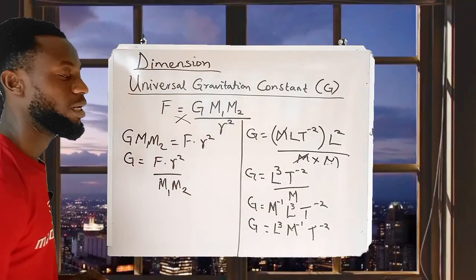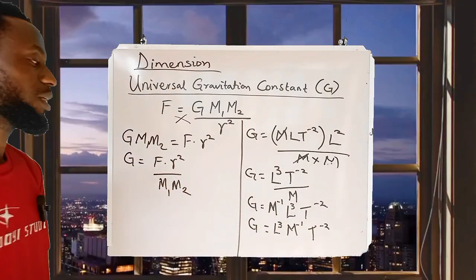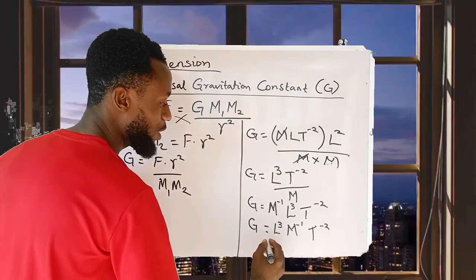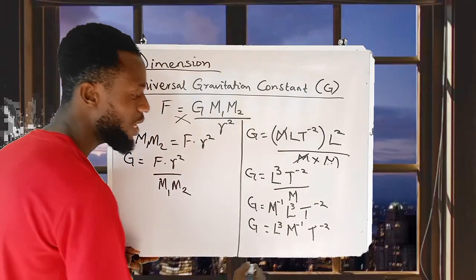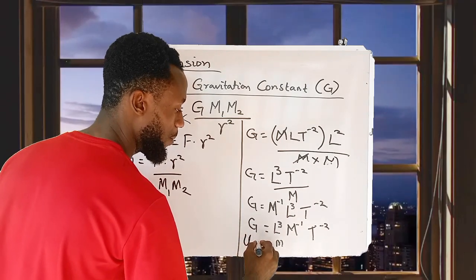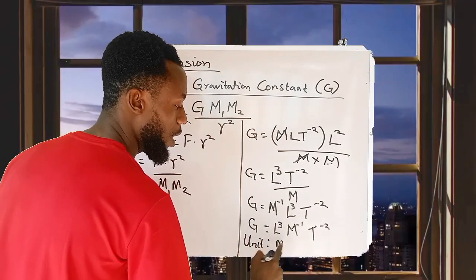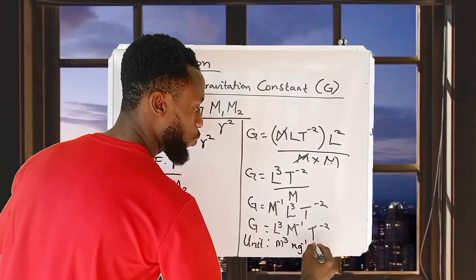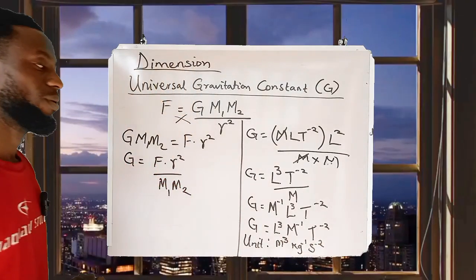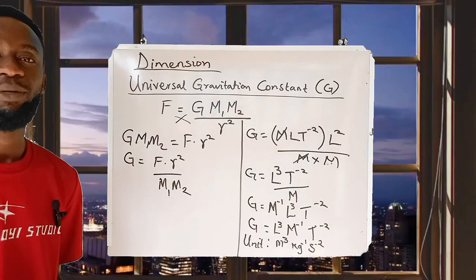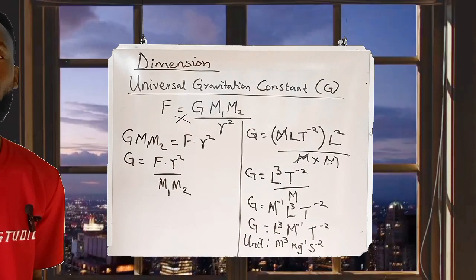So that's the dimension of the universal gravitation constant, which means if we go for units, length is meters, so this could also be by base unit. This will be meter cube per kilogram per second square. All right, so that is that for the dimension of universal gravitation constant.